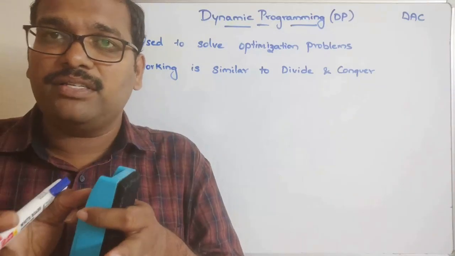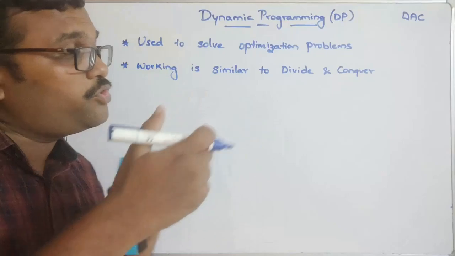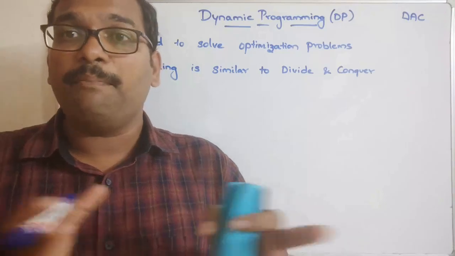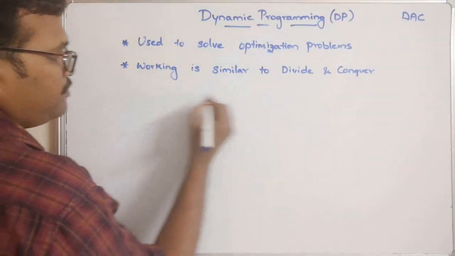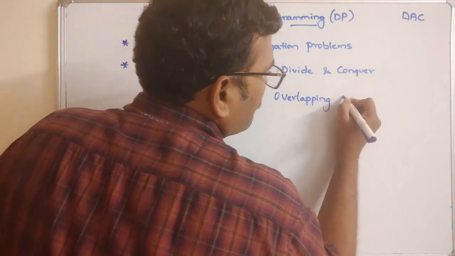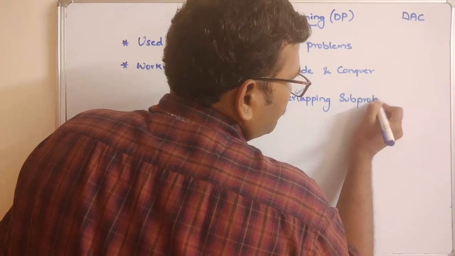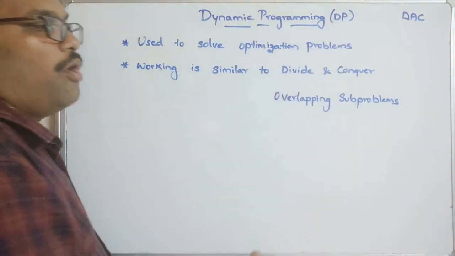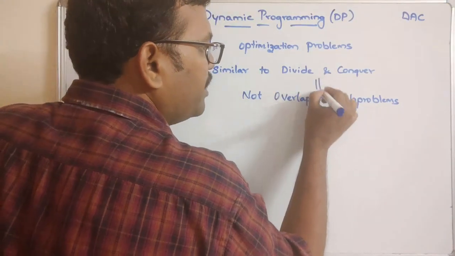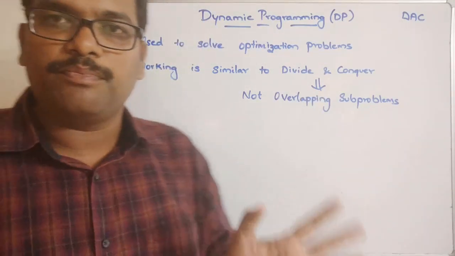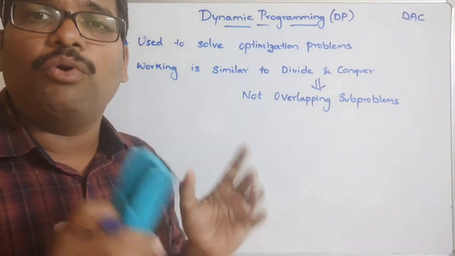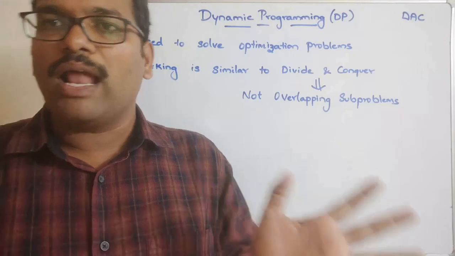But the one difference is that the division should be with overlapping sub-problems. But in case of divide and conquer, the sub-problems will be divided without any overlapping solutions, right? So let me explain what exactly the overlapping sub-problems and the non-overlapping sub-problems are.